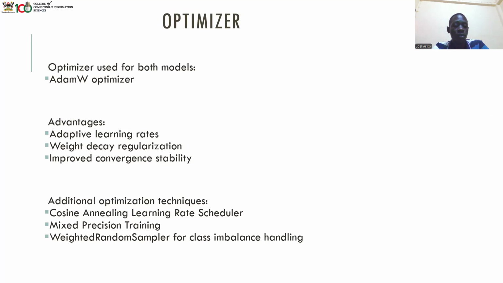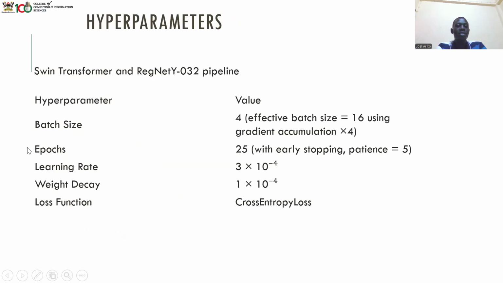Then we used what we call a weighted random sampler for the class imbalance. In this case, I told you I used two techniques, focal loss and the weighted random sampler. It helps us with oversampling and undersampling, where we can oversample the minority class and undersample the majority class. So that leads us to the hyperparameters that I used.